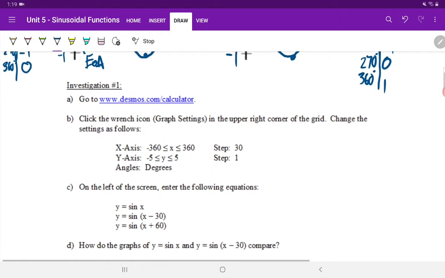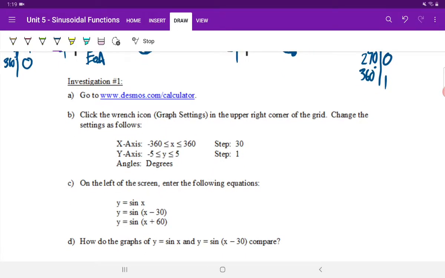Okay, let's move on and take a look at our investigation here. We're going to use Desmos, and the first thing we're going to do is change the window settings. We're going to click on the wrench icon and change our x-axis units to go from -360 to 360, and my y's to go from -5 to 5.